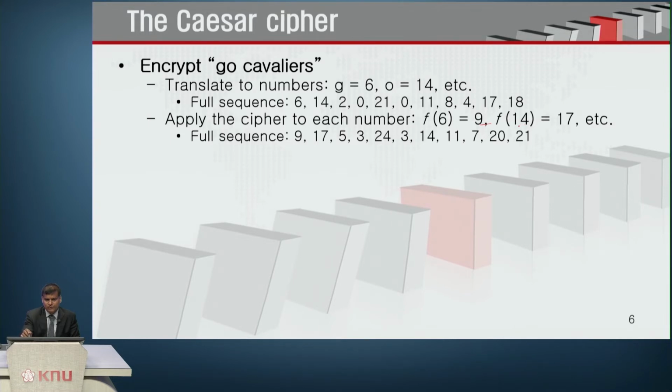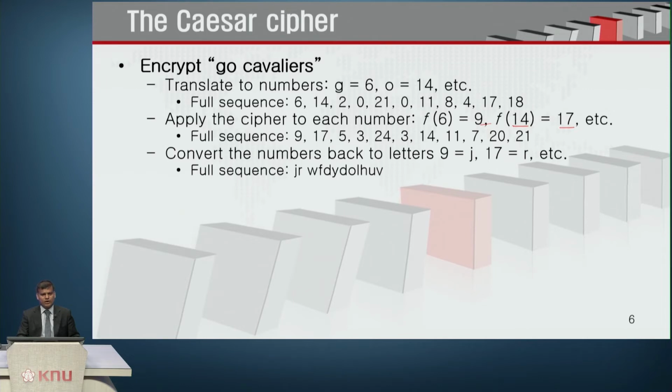Then for O, the original value is 14, but after adding 3 it becomes 17. So now you have another full sequence after encryption, that is 9, 17, 5, 3, 24, 3, 14, 11, 7, 20 and 21.